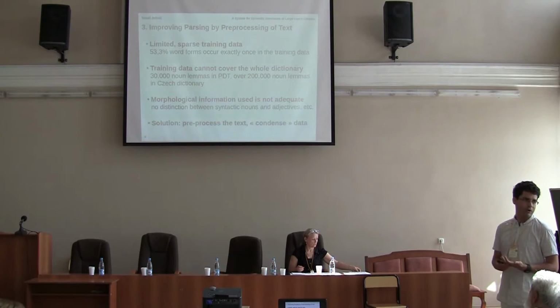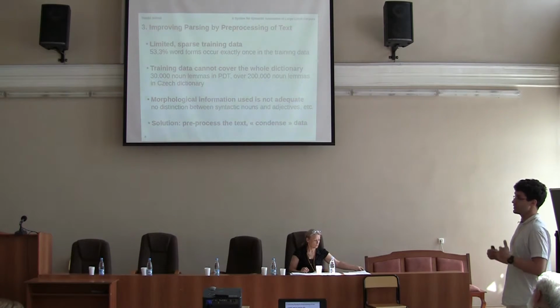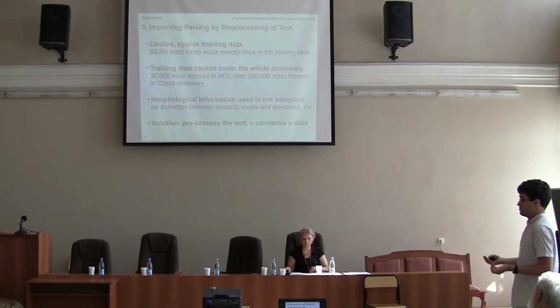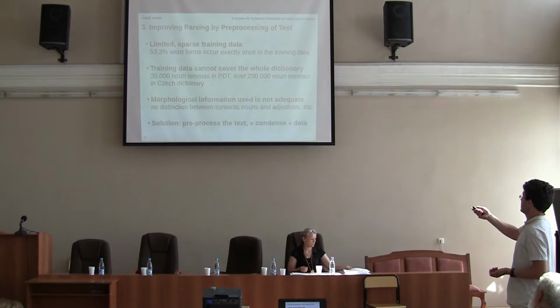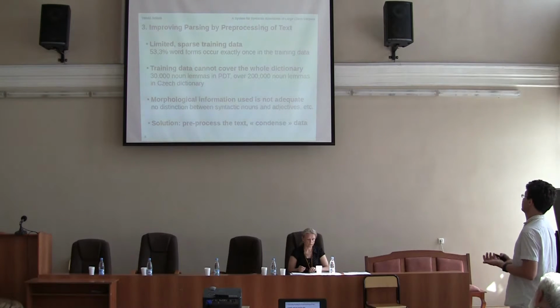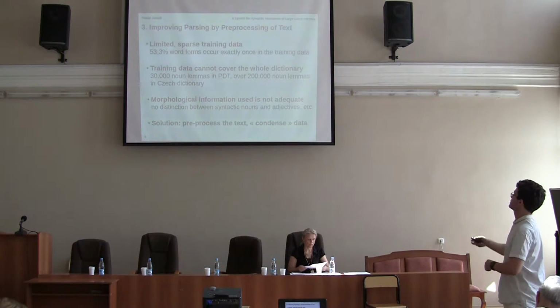There are perhaps 300,000 noun lemmas in the theoretical dictionary, but 200,000 are normally used. And the morphological information, as you saw, doesn't really cover all the necessities.